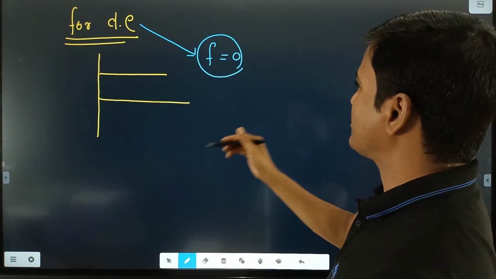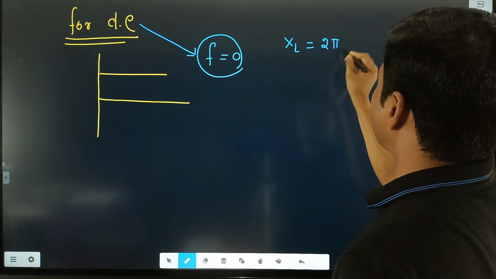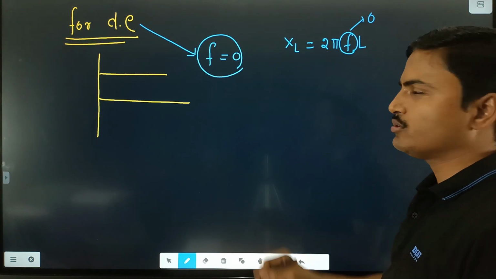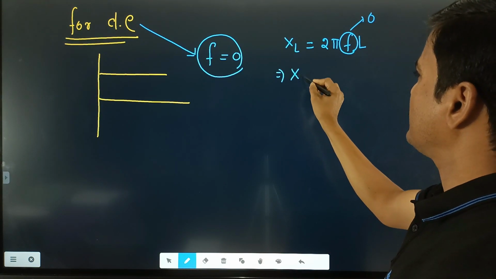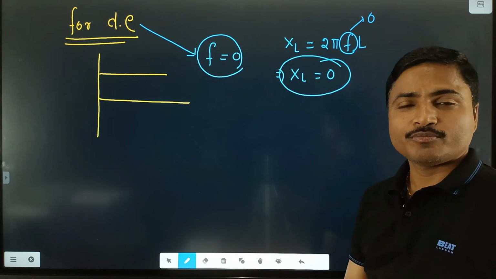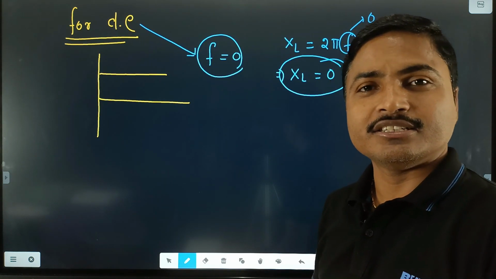If frequency of direct current is 0, what is the inductive reactance? XL is equal to twice pi F multiplied by L. In place of F we put 0, so finally inductive reactance is 0. Inductive reactance is 0 means opposition effort to the flow of direct current is 0.